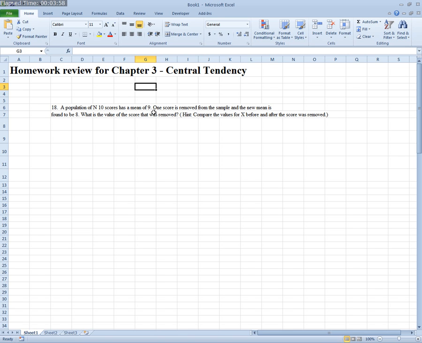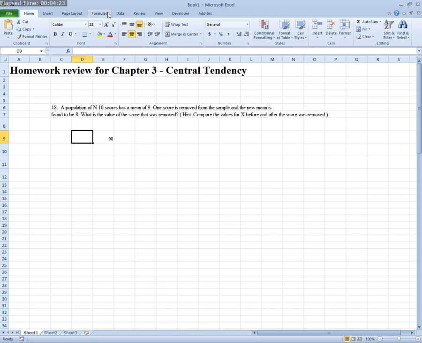All right, so we're pretty sure that if it has a mean of 9, then the sum, remember in the last question, we just kind of went 10 times the mean is 90, in this one it's going to be 90. So the sum is going to be 90.